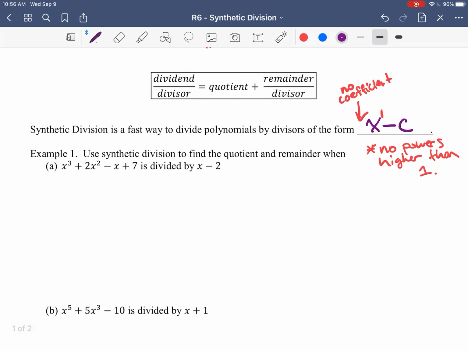What we do is we're just going to talk about the coefficients. Inside I'm going to write the coefficients of my dividend. I'm going to be careful here.